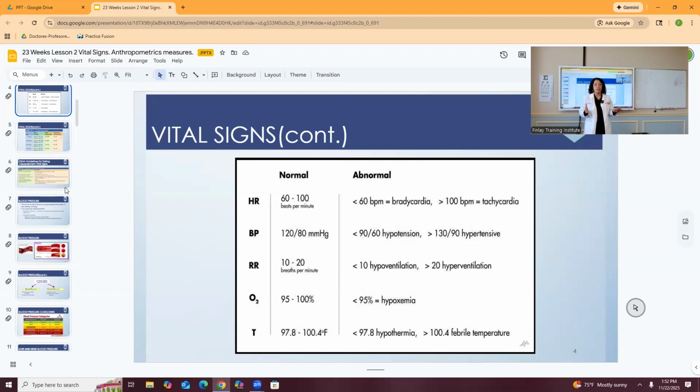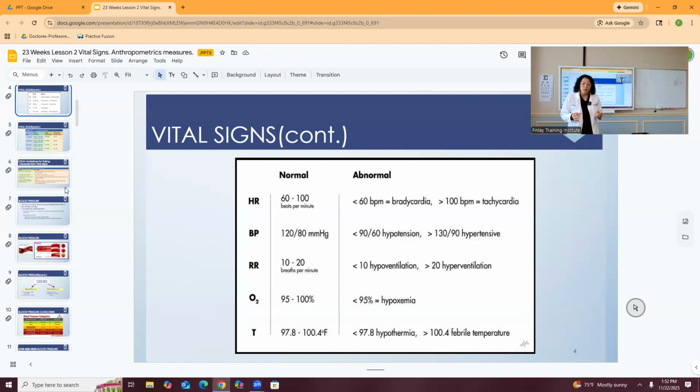For example, my blood pressure normally goes between 110 to 116 over 70 and 75. That is my normal. If my blood pressure goes above 120 and 180, I start feeling bad. So just because it's 120/80 doesn't mean that that could be normal. We have to see the patient as a whole.